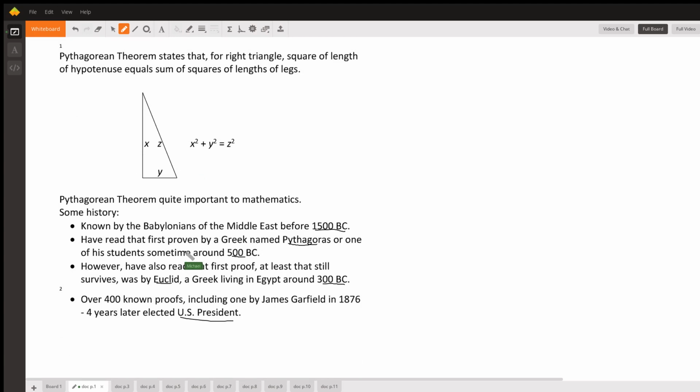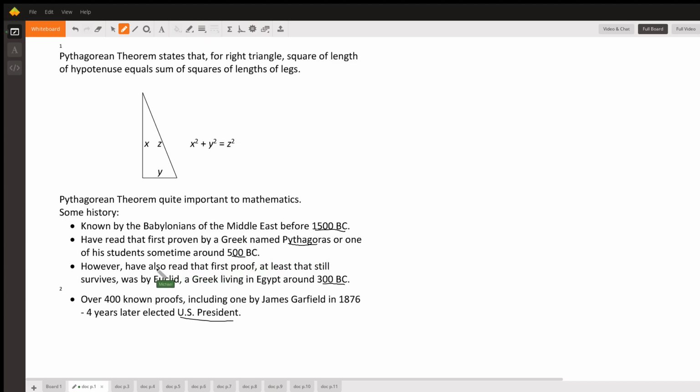So here's some history. This was known by the Babylonians of the Middle East before 1500 BC. I've read that it was first proven by a Greek named Pythagoras, that's where the name would come from, or one of his students, sometime around 500 BC.